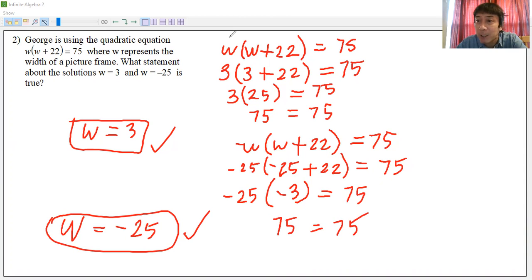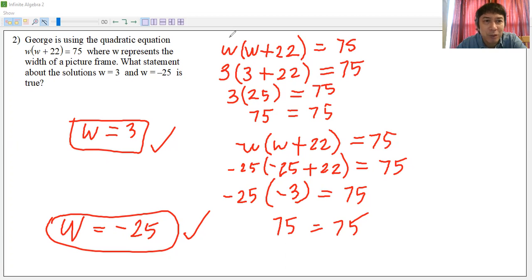We can accept the width of 3 because it's a positive length, a positive computed value, whereas the negative 25 is a negative distance, so we're not going to consider that.